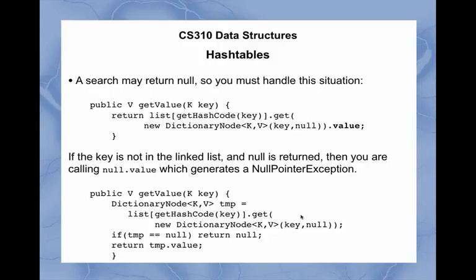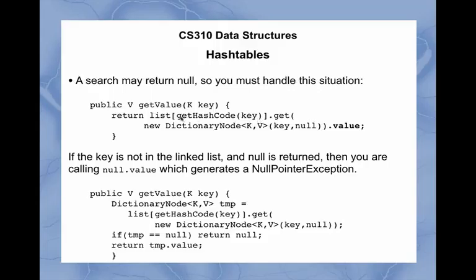Another gotcha to watch out for: a search might return null, so this situation has to be handled. It's an easy mistake to make, and it seems like fairly simple code. So we have getHashCode(key). This gets us the hash code of the key, which involves the operations I talked about: the hashCode method called on the key, and then the modulus operation with the table size to get the actual index.